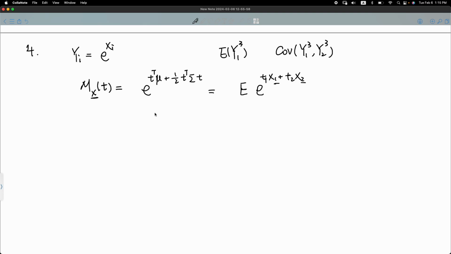Next, maybe you can also write down one more formulation just to make it coming from here. This is just referring to t1 mu1 plus t2 mu2, and then this is just expanding this in terms of a scalar.